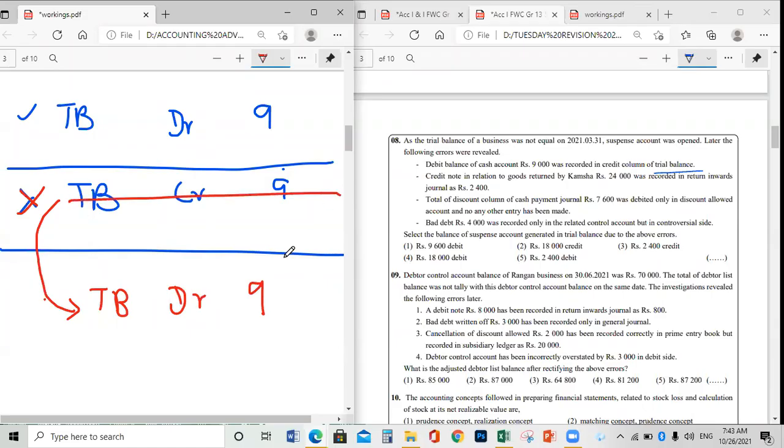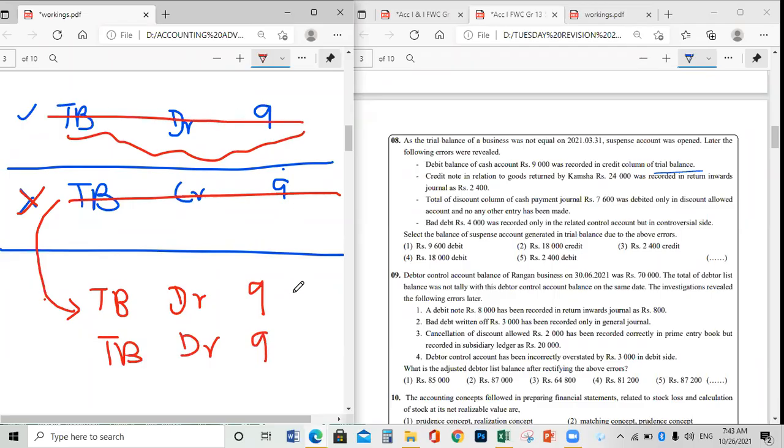See guys, you cancelled it, because they credited it, which is wrong. Now, after you cancel the wrong one, you have to write the correct entry. What's the correct entry? Trial balance should be debited by 9,000.